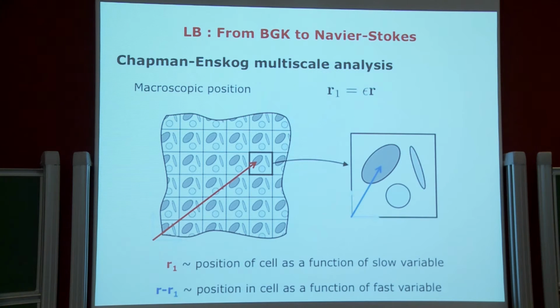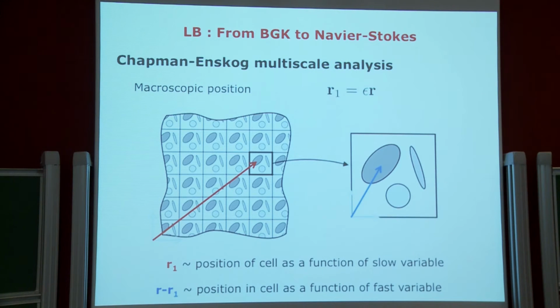This may seem a bit mysterious, but imagine that you're describing your position in meters on the large scale, and you want to express this position as a function of the position in centimeters that you use to describe the small scale. Then the epsilon here would simply be 1 over 100, because you need 100 centimeters to have 1 meter. So there's nothing mysterious about that. It's simply changing the scale you're using to measure positions.